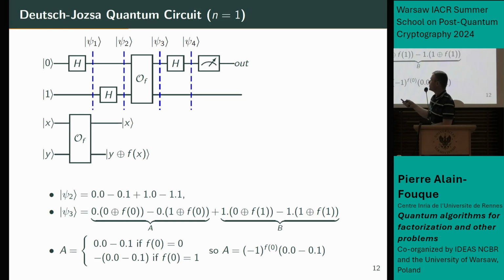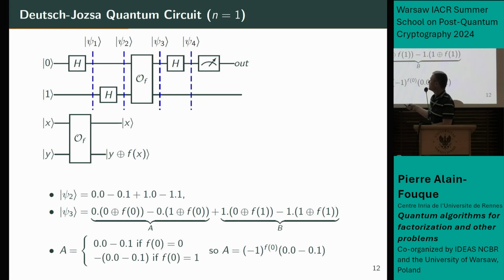But for the second qubit, we'll get the value y plus f of the value x. Okay? So if we have 0 for x, you will have 0, which is the y value here, and here you also have f of 0. So this is f of the value here.